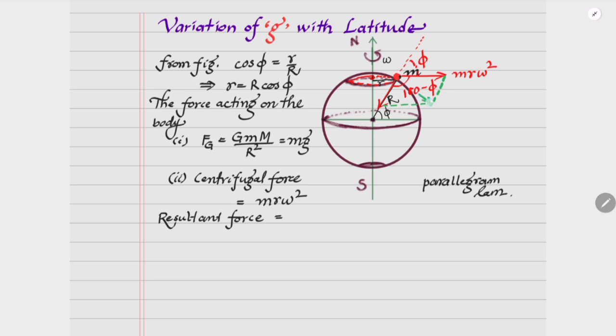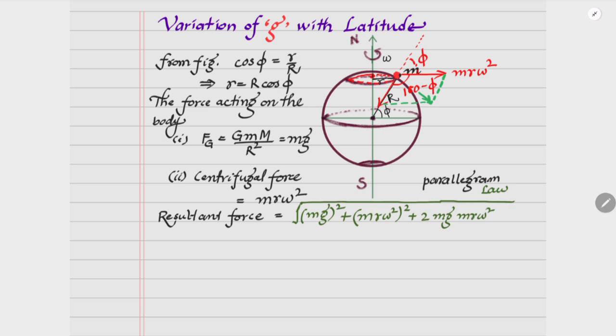Now if you take the parallelogram, the resultant is root A square plus B square plus 2AB cos theta. Under the same formula I am using the two forces squared plus 2 F1 F2 into cos of the angle between the two forces.